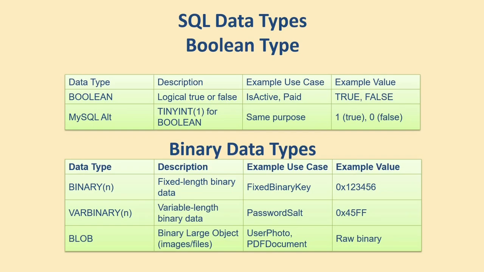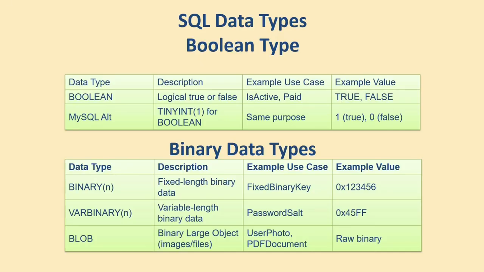Binary data types. Binary n is for fixed length binary data. And we have the varbinary, the variable length binary, like the passwords. The password lengths will be different.